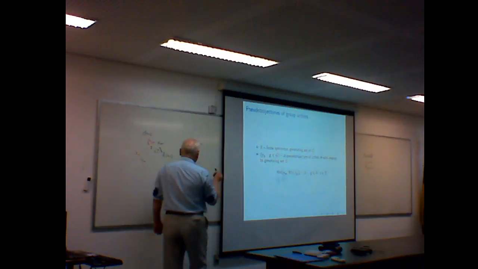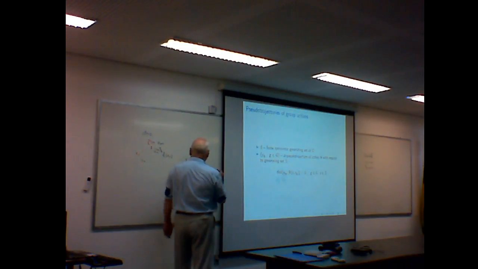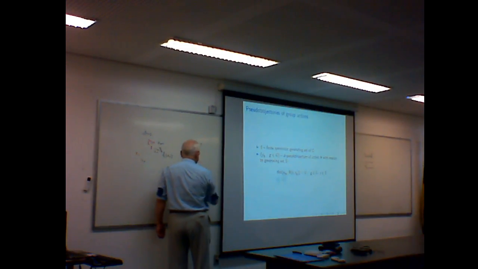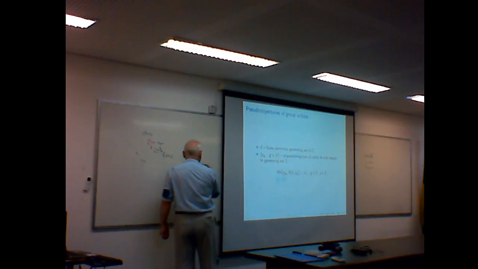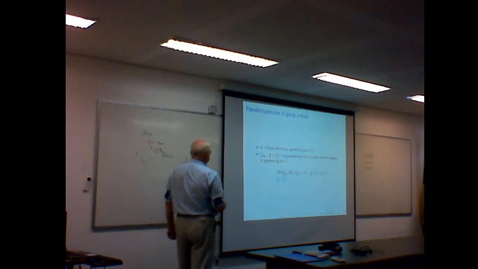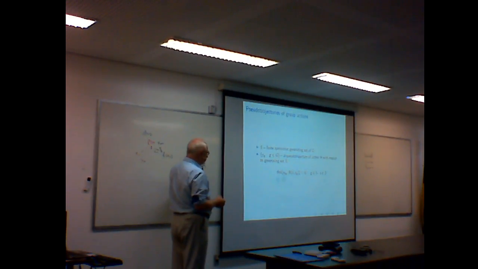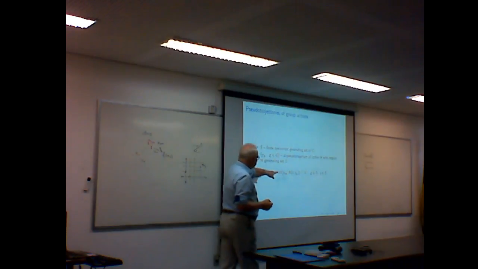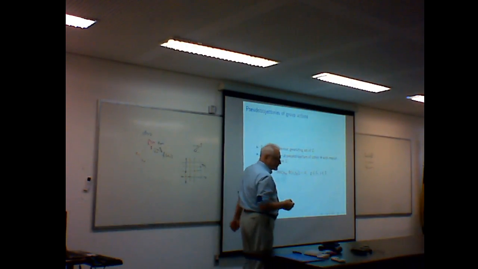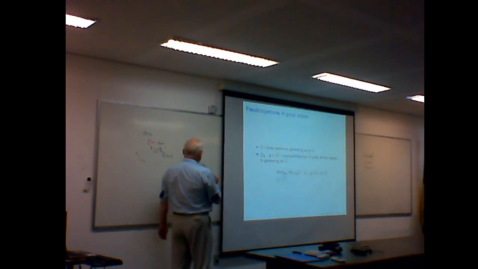And so what happens? We have this set. I take y_j and I apply actions corresponding to elements of the generating set.